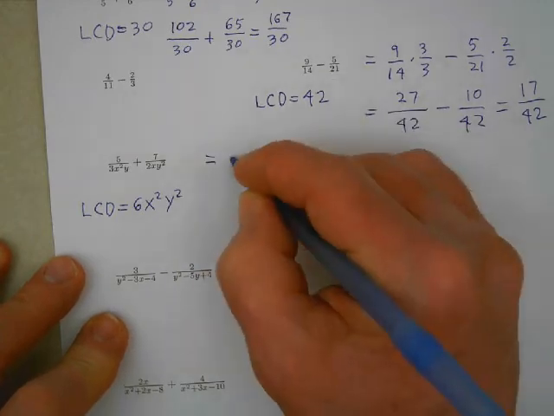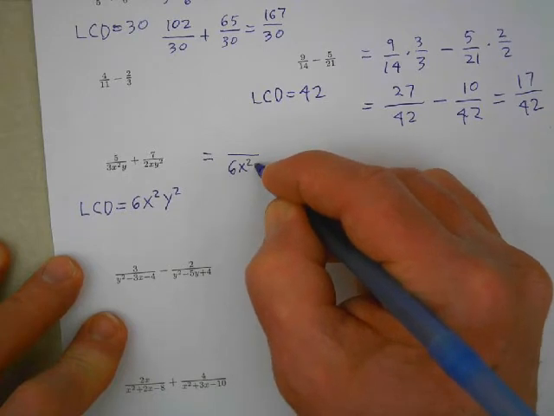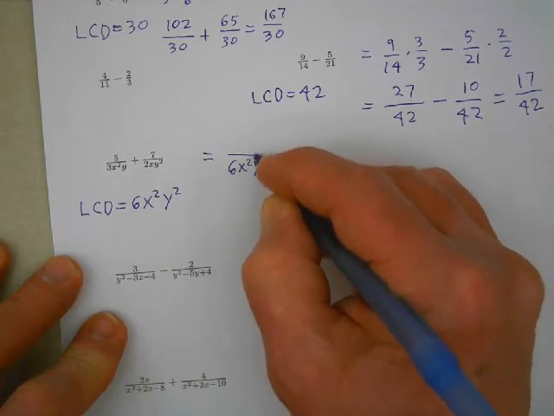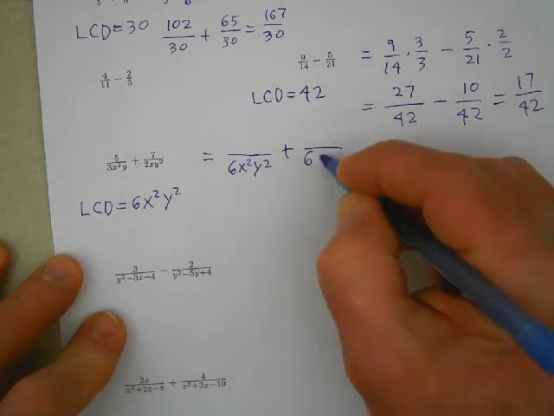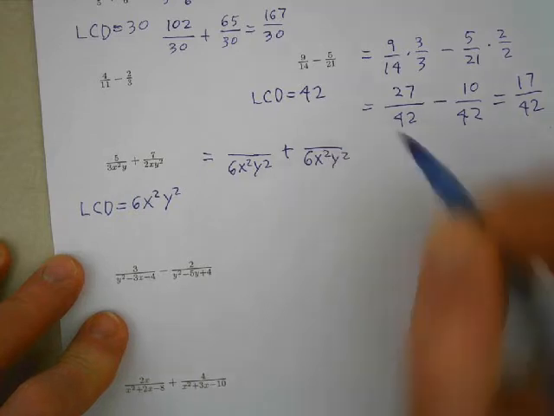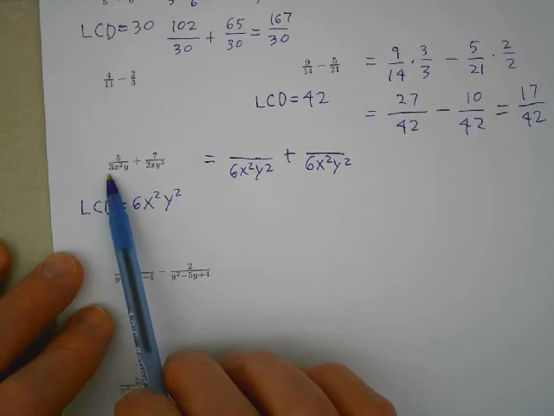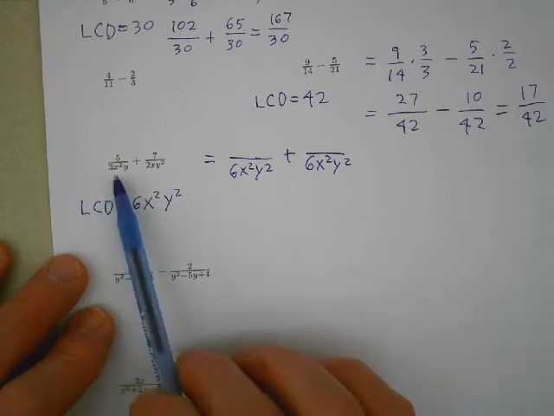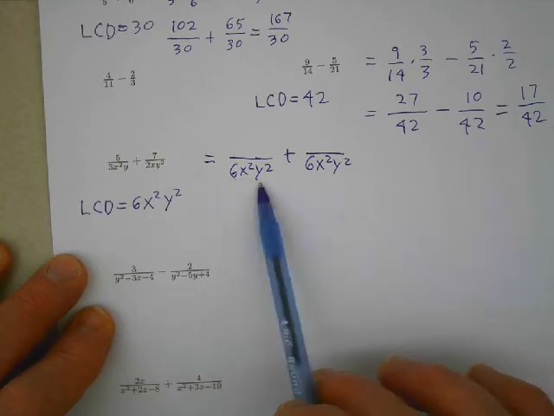And so if we write down the least common denominator, 6x squared y squared, we'll determine what we need to multiply the numerators by. Okay, so this denominator over here on the left, 3x squared y, we would have to multiply that by 2y to get this least common denominator.